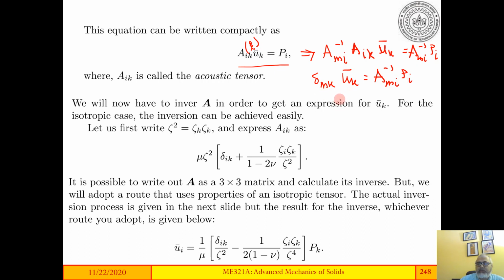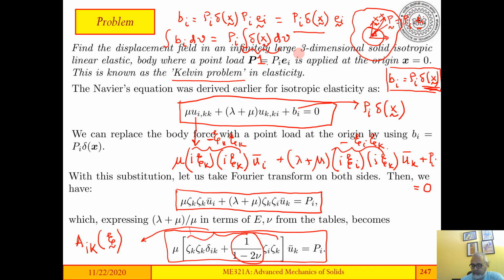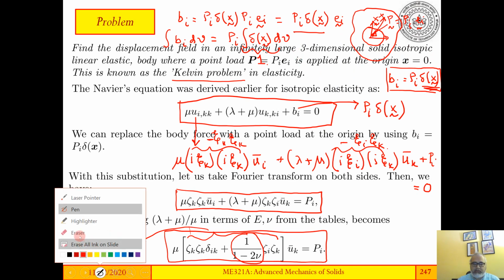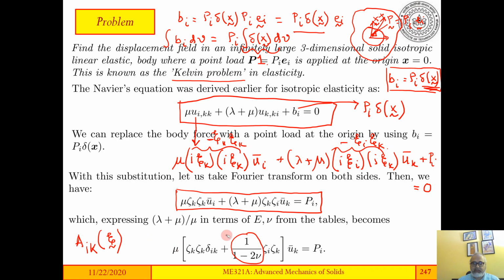So this will lead to u_i bar equal to A_ik inverse P_k, replacing m by i and i by k. This is what I will end up with, where A_ik inverse, the inverse of A, still has to be determined. Now there are various ways in which we can determine this inverse. One way that we can use is, let's declutter this place.